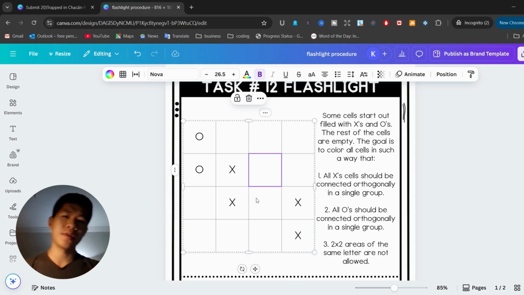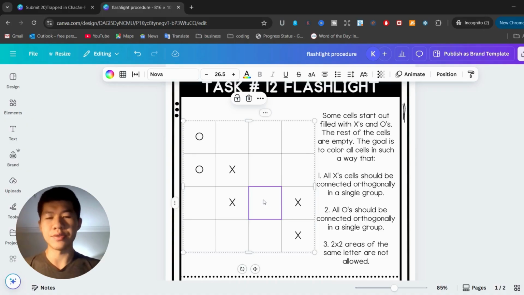So we're given a starting point with some O's and some X's. So how can I fill this out here? Well, for a start, let's say I wanted to start with this cell right here.